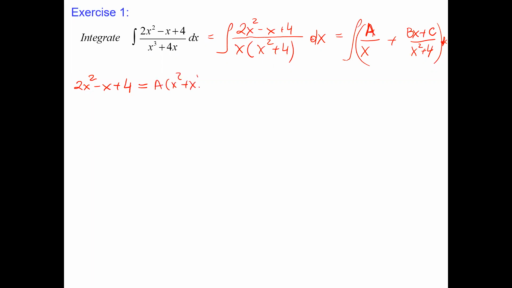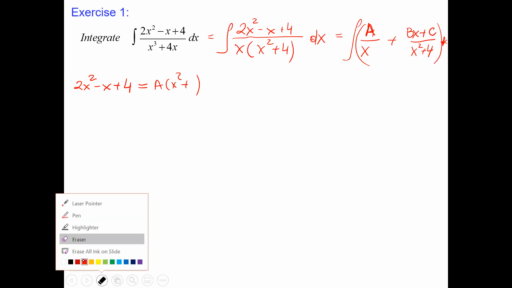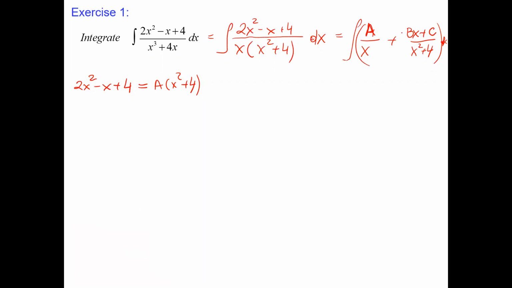For the second fraction, I'm missing x, so Bx plus C must be multiplied by x.